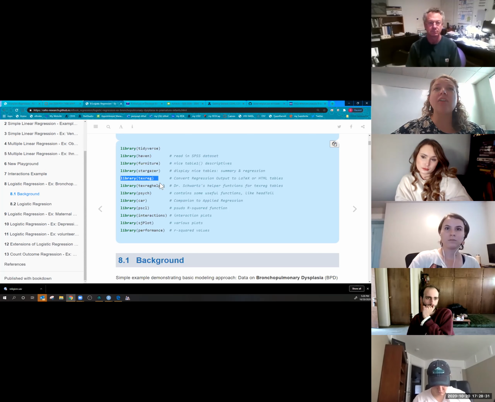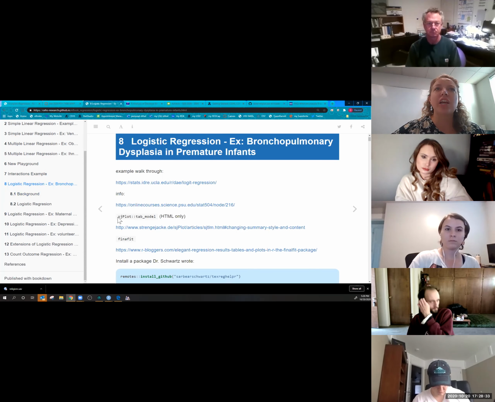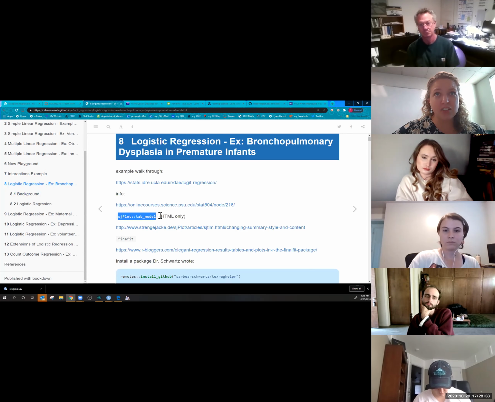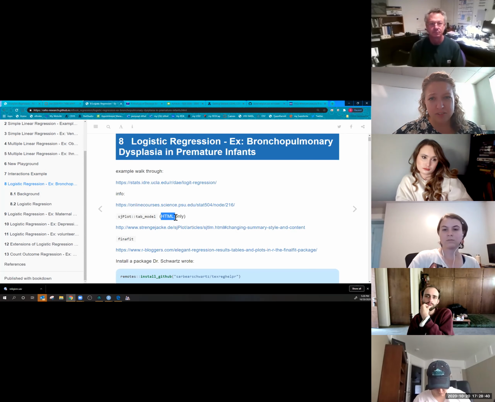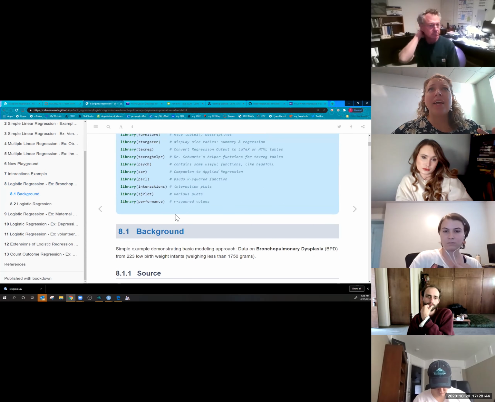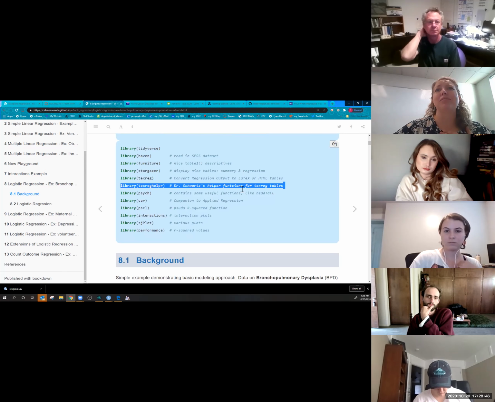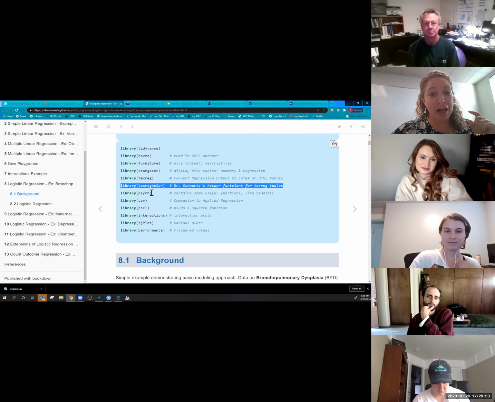There are some out there, like sjPlot's tab_model can do it, but only in HTML, so not in text and not in LaTeX. And so I made up my own little package. So proud, my first package, with Tyson's help, and I called it texreghelpr.